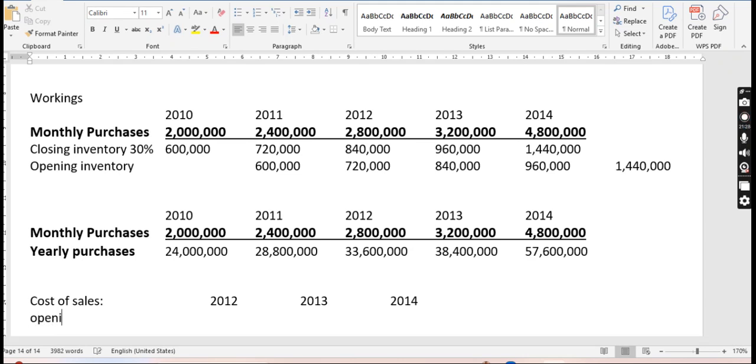Opening inventory. Please, your profitability statement does not involve whether it will be paid in 30 days or 50 days. No, it is normally your profit statement. Right? Please take notes.